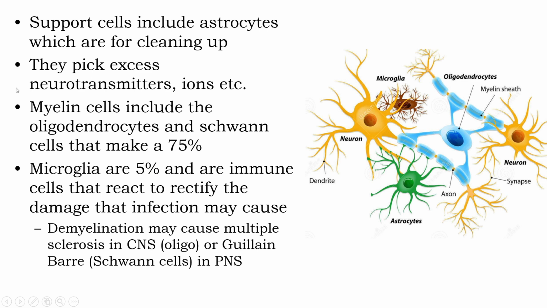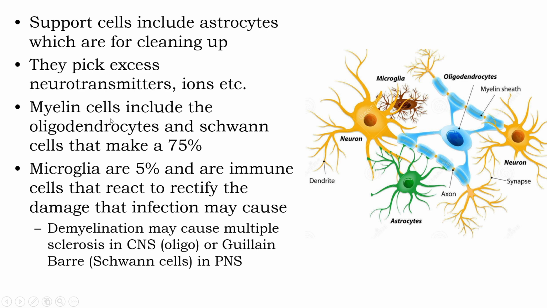The glia cells, on the other hand, are called support cells, and we have oligodendrocytes and astrocytes. The astrocytes are really for cleaning up. They pick up excess neurotransmitters, and that is downplaying what they do, but this is just speaking broadly.